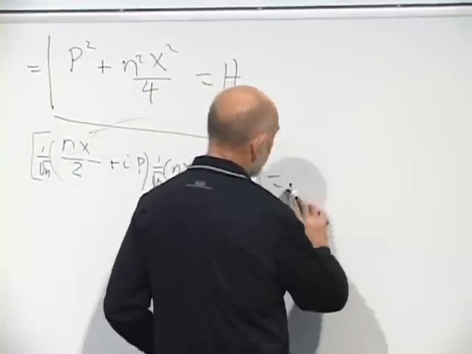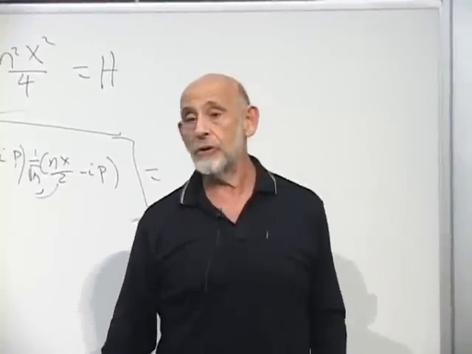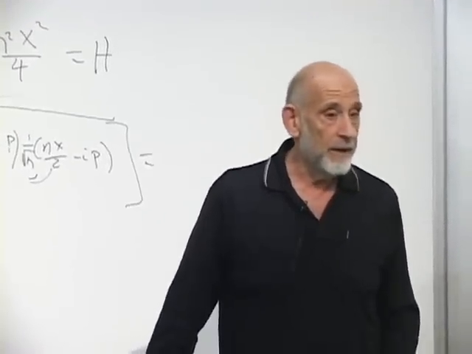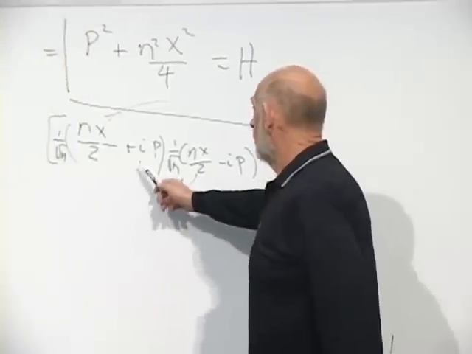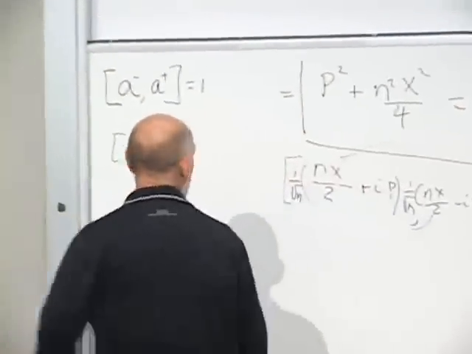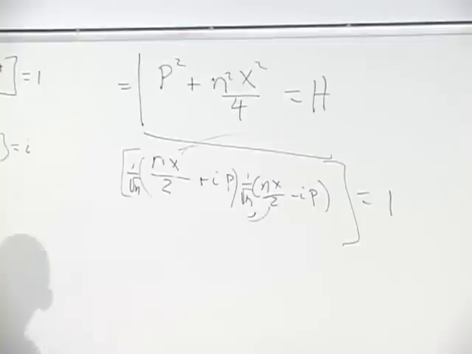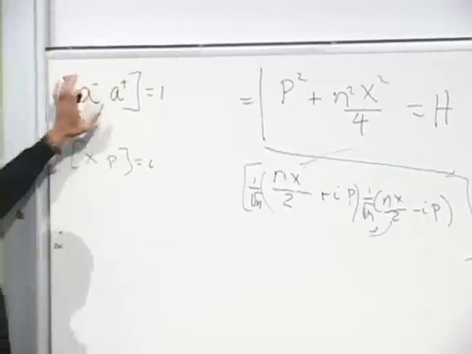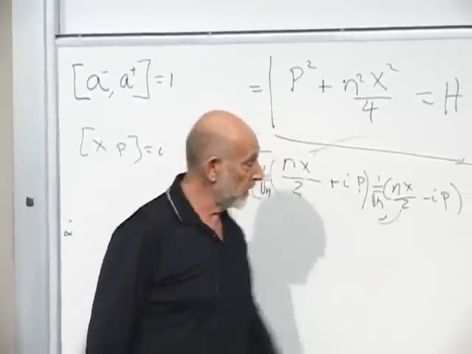And that's the way to remember it if you're on a desert island and you can't remember what combination of x's and p's are creation and annihilation operators. Compared with over here, this is n. This is 1 now. Okay? If I had my creation and annihilation operators interchanged, I would get -1.